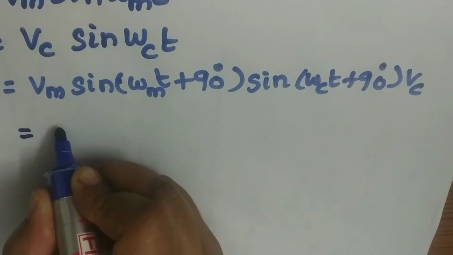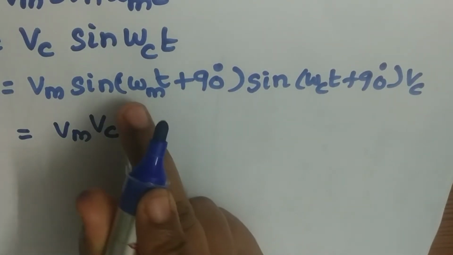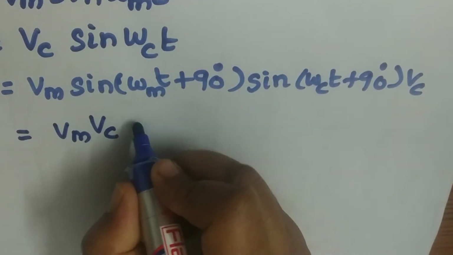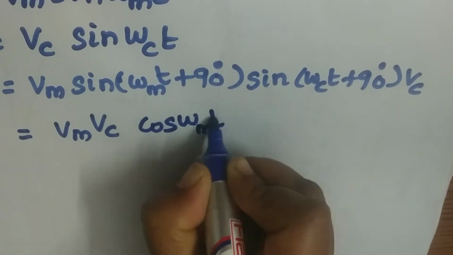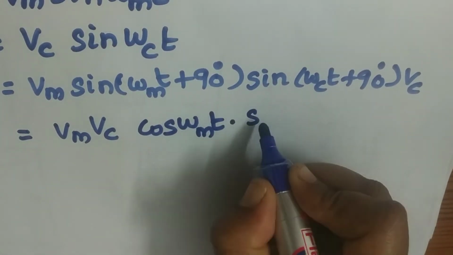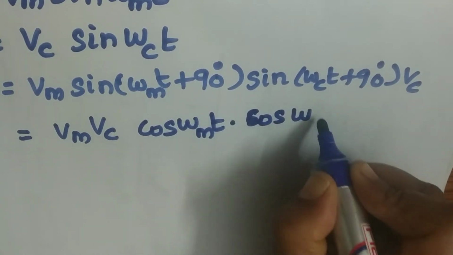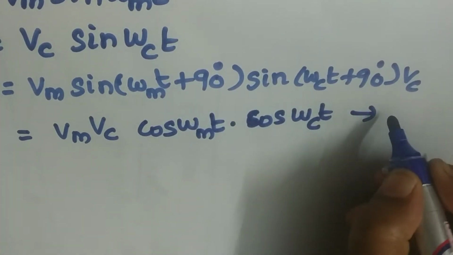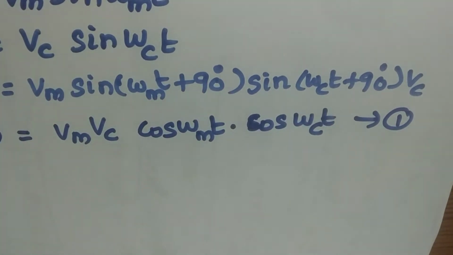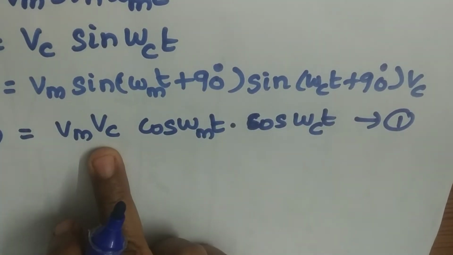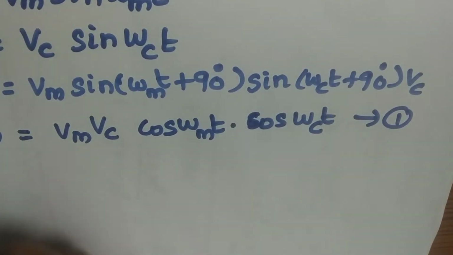Which is equal to Vm into Vc, and sin of x plus 90 degrees is nothing but cos. So cos omega mt, cos omega ct. This is V1 of t. V1 of t is nothing but Vm Vc cos omega mt cos omega ct.